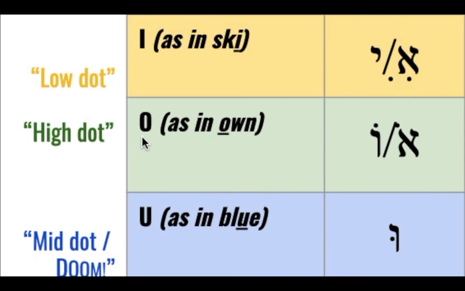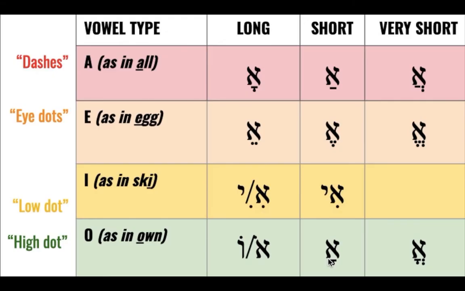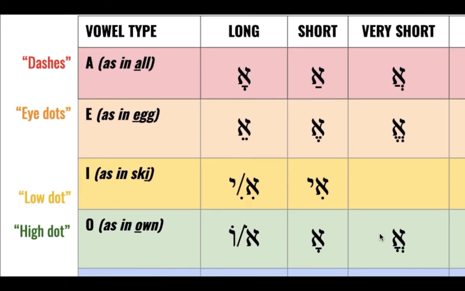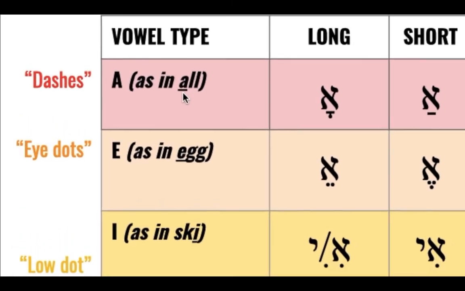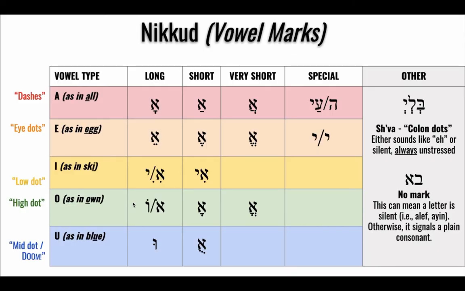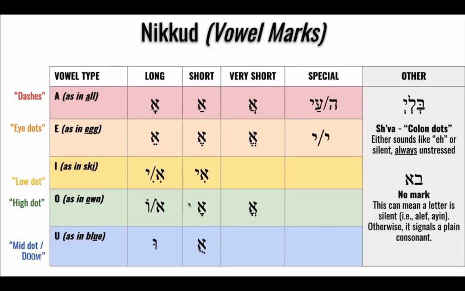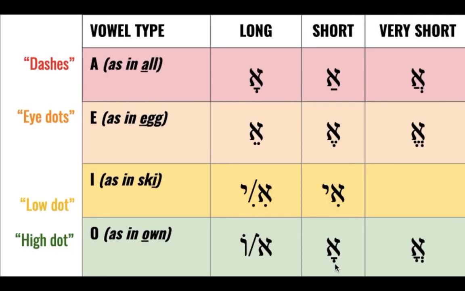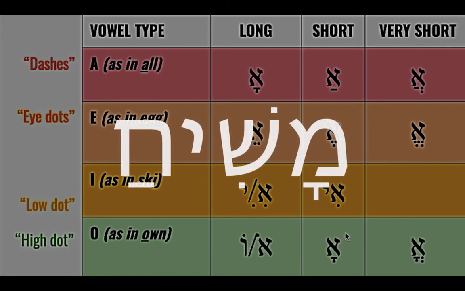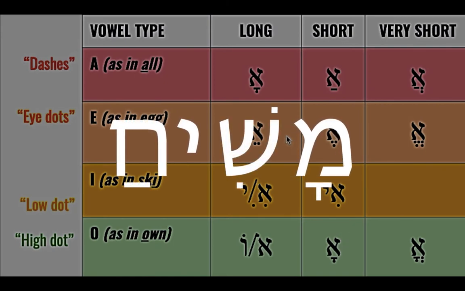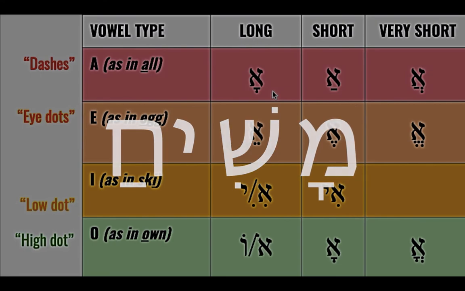Then we have the high dot here, but not for the short and very short. They will look more like the long A vowel type. I'll explain that in a moment. So again, we have a vav with a high dot and an aleph with a high dot. They're all pronounced O. Now in Ashkenazi pronunciation, you'll see this, and this will be pronounced Moshiach instead of Mashiach in other dialects of Hebrew.